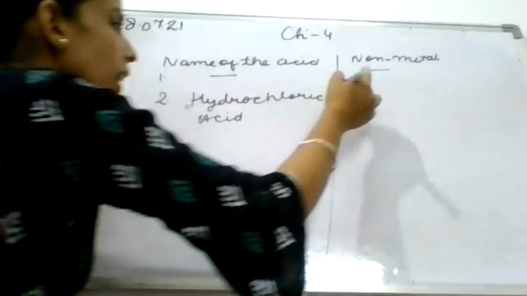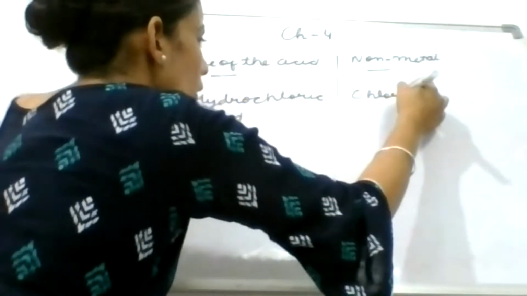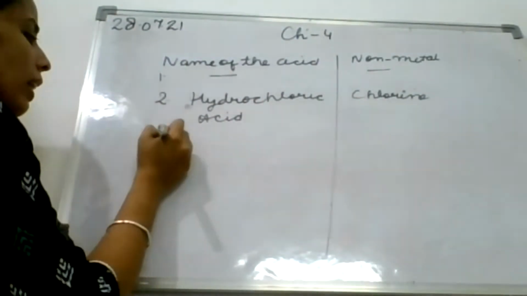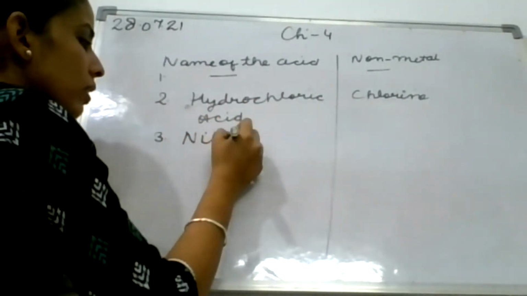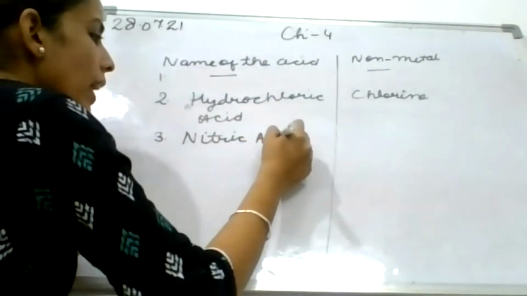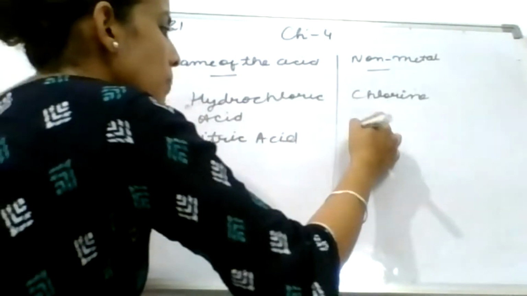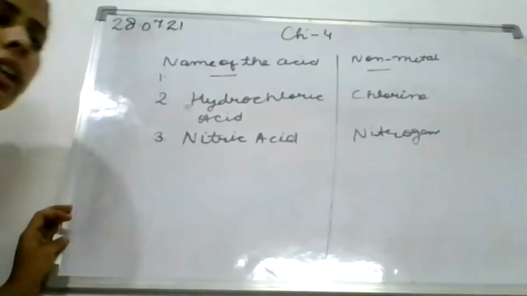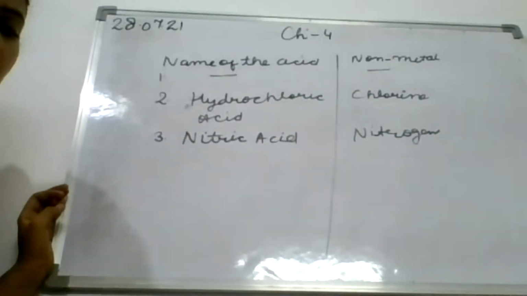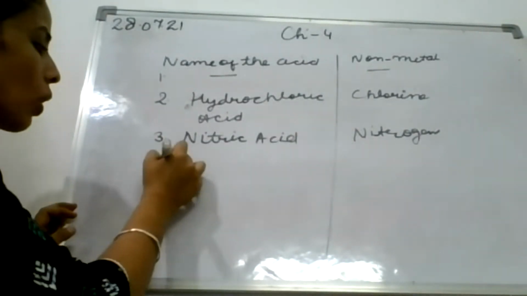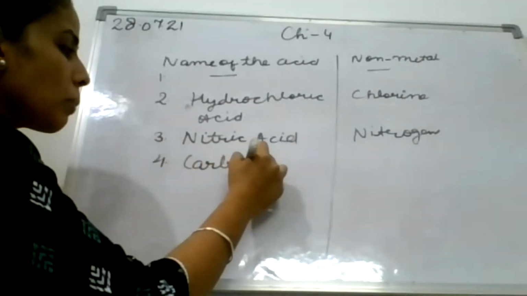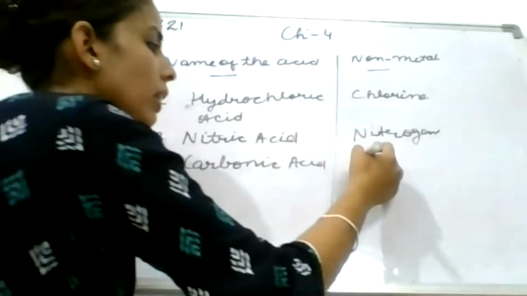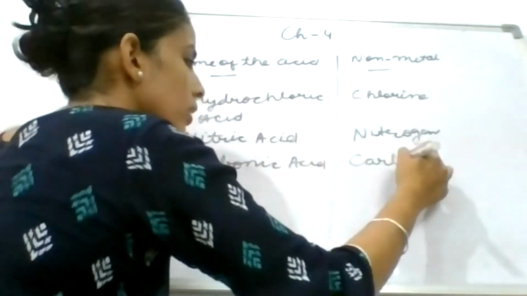and it contains the non-metal chlorine. Clear? And the third is nitric acid, and the non-metal present in it is nitrogen. Clear? And the fourth one is carbonic acid, which contains the non-metal carbon.